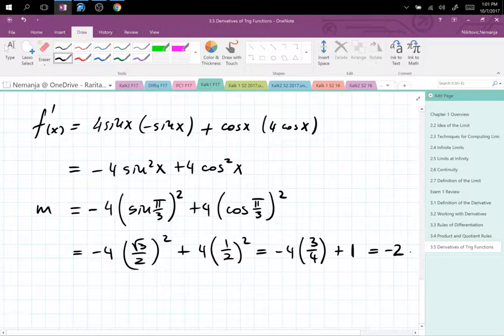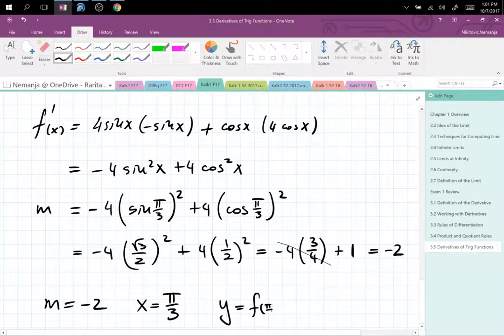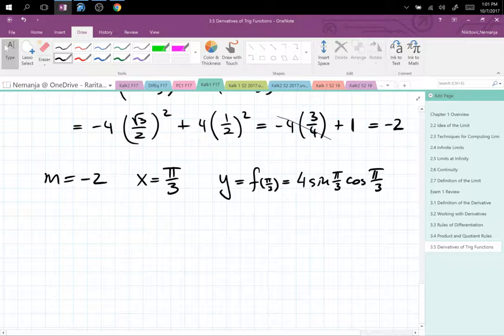Woohoo! Right? So what do I have? I have slope that it's -2. I have x that it's pi over 3. I need y. And y is the function computed at pi over 3. So that would be 4 times sine pi over 3 times cosine pi over 3, which is a calculation that we have to do.